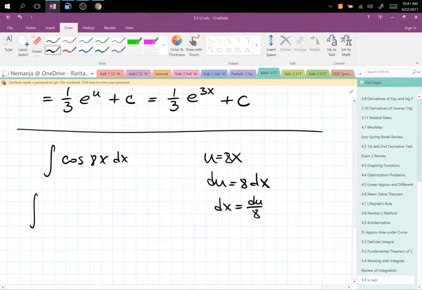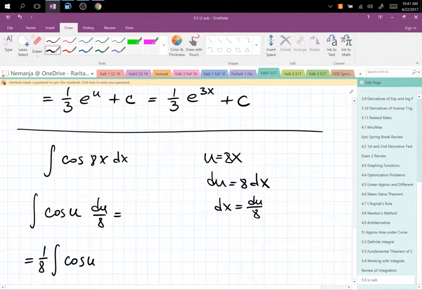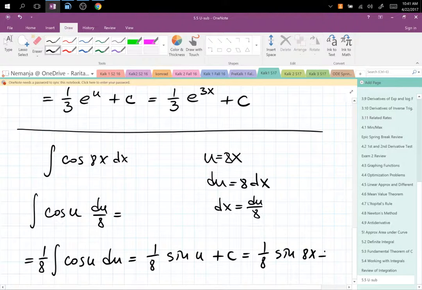So now you have the integral of cosine of 8x becomes cosine of u, and then we have du over 8, which is equal to 1 over 8 in front of the integral of cosine u du, which is 1 over 8 sine u plus c, and then I don't care about u, I care about the x, which is sine 8x plus c.